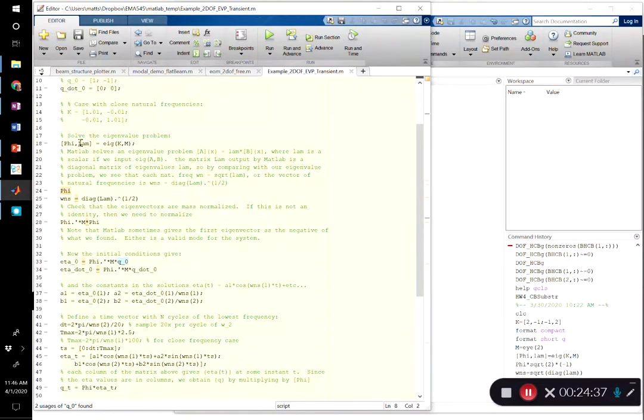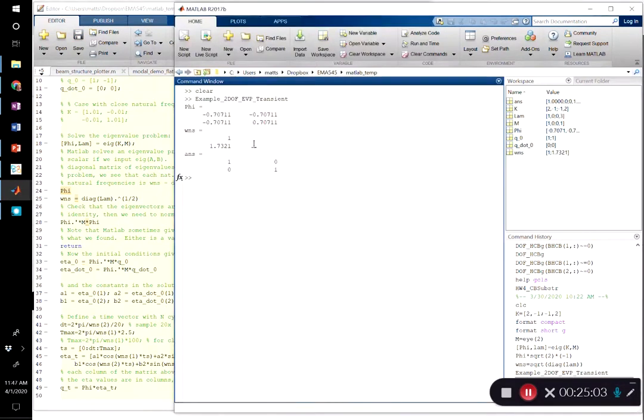That gives us a diagonal matrix of natural frequencies, so we have to take the diagonal and then the square root to get the actual natural frequencies. And we can check that Matlab mass normalized the mode vectors correctly. So let's take it just to that point at first.